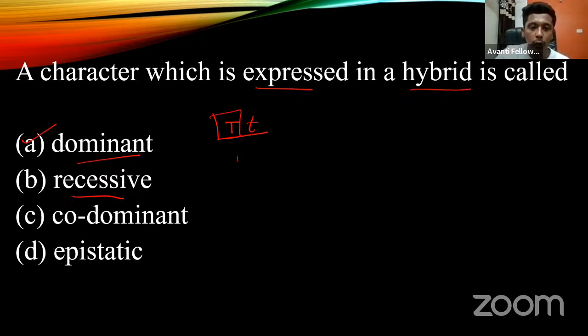Whenever we talk about a recessive character, do you think the expression happens? Definitely not. In the codominant state, whenever we talk about AB, which is again a hybrid, both of these alleles will express together. Anyway, you have chosen the right answer. So the option should be 1.